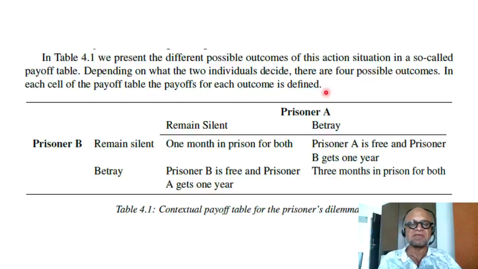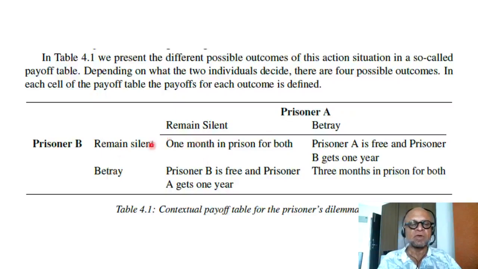Playoff is something in baseball and basketball or cricket, but we don't call it playoff. We call it elimination, knockout rounds or whatever. Okay, anyway. So here is prisoner B with the options, prisoner A with the options. So both have the option of remaining silent or betraying the other.